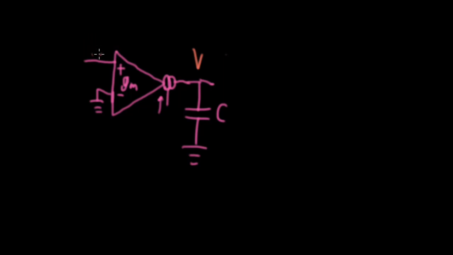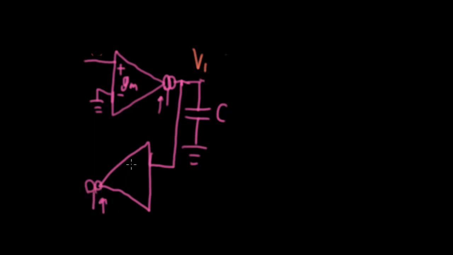So instead of V out, let me label this as just a V1 node here to make this a little more generic. I'm going to take this voltage here, run it down this direction into another OTA going the other direction. I'm going to assume that you'll set the current control input here so that this also has a transconductance gain of GM.